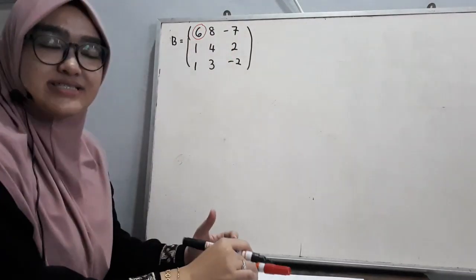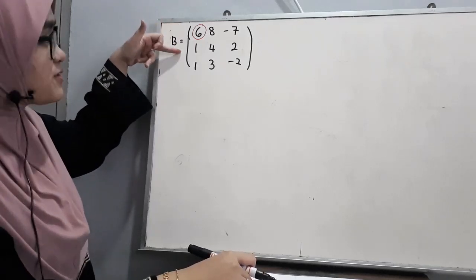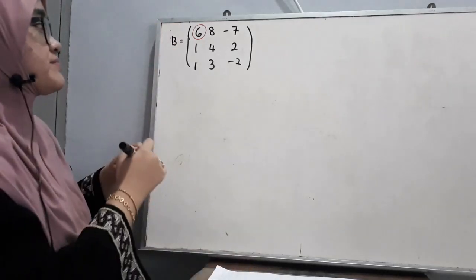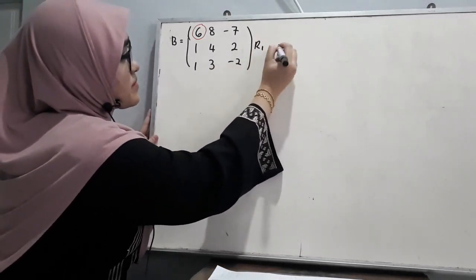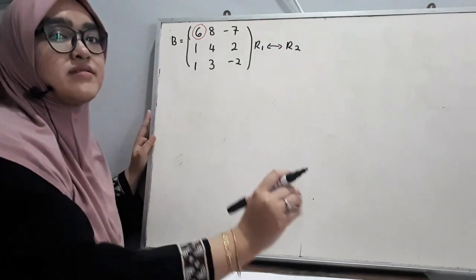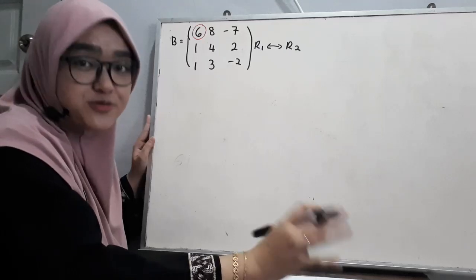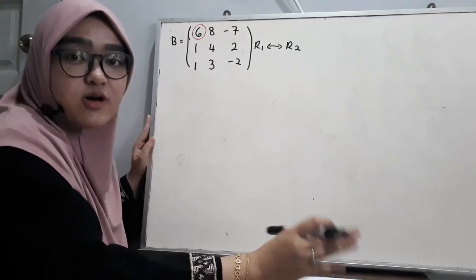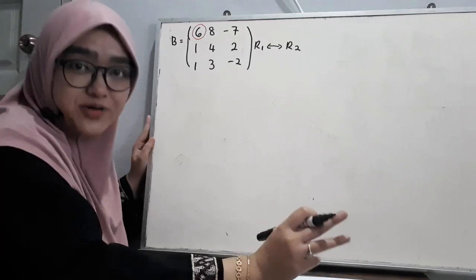So we can exchange row 1 with either row 2 or row 3. And always remember, when we exchange between rows or exchange between column, multiply the matrix by -1.